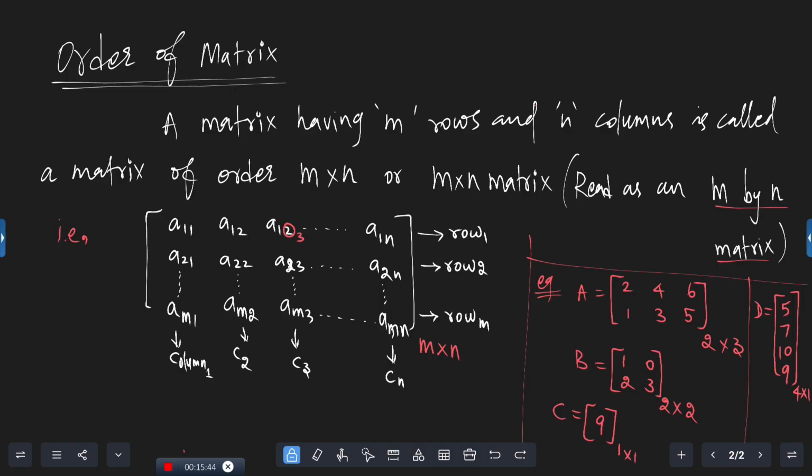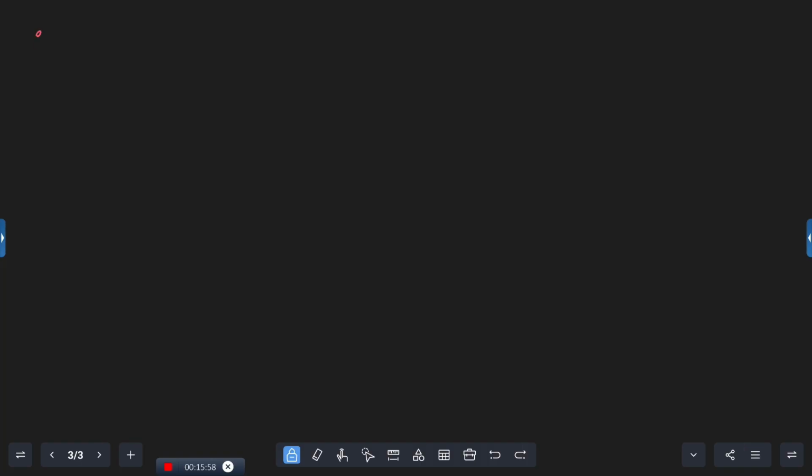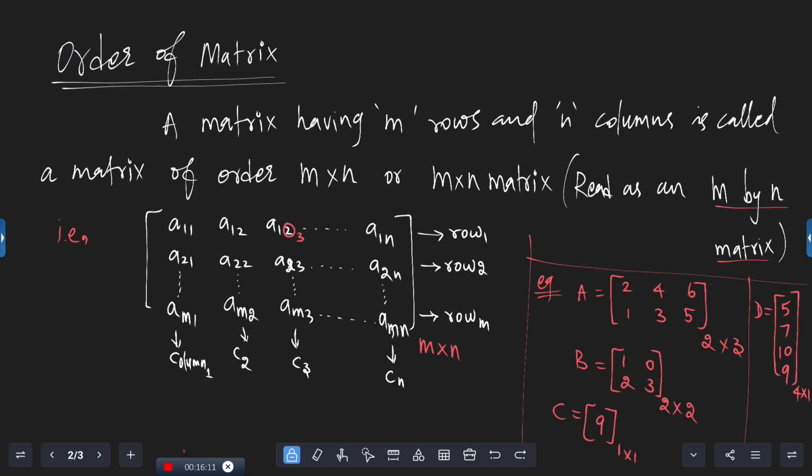What is the topic? Order of matrix we have seen. So based on order of matrix, I'll give a few more examples. Sometimes, children, instead of an example, I'll give a note. In the order of matrix, you want to write a note. See the previous page itself.